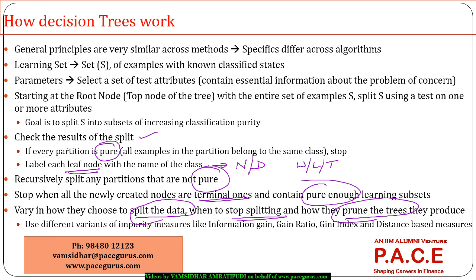So they use different variants of impurity measures. I can use information gain, which is purely based on the concept of entropy. Others use something like the Gini index, the gain ratio, or distance based measures. Different algorithms use different kinds of mechanisms. So this is the mathematical part.